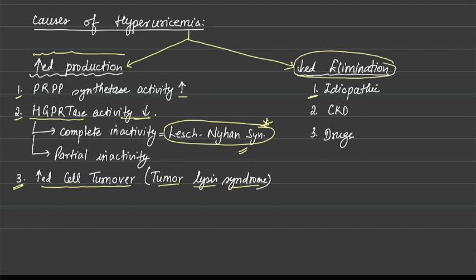It can be idiopathic. Most of the times it is idiopathic. We have no reason why it occurs. The second condition is CKD. Of course, the kidney is involved in excretion of uric acid. In case of CKD, kidney failure, there will be decreased elimination. Third is a few drugs. There is a long list of drugs, but there are a few drugs which need to be remembered as far as decreased elimination is concerned, right?